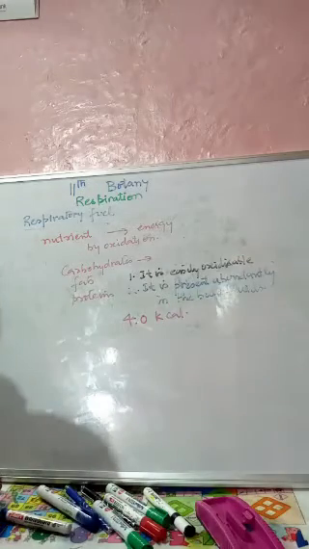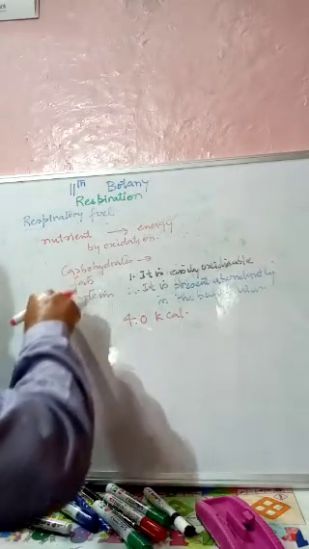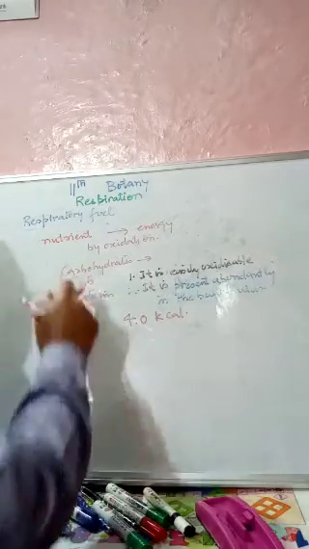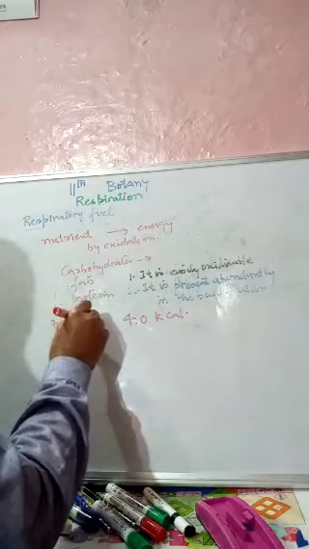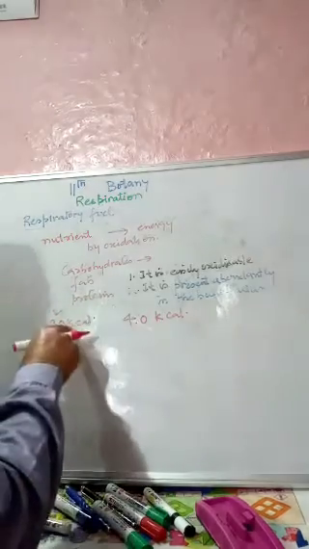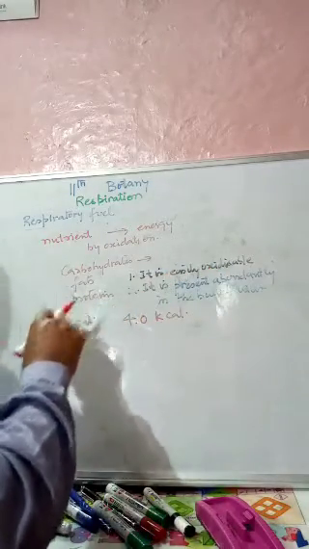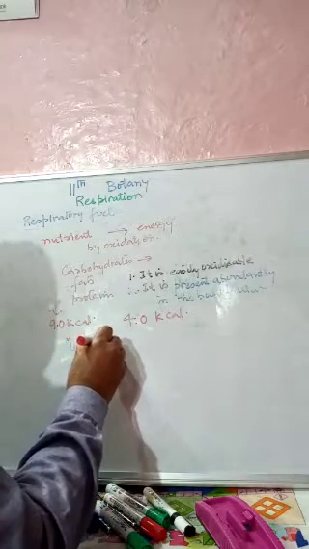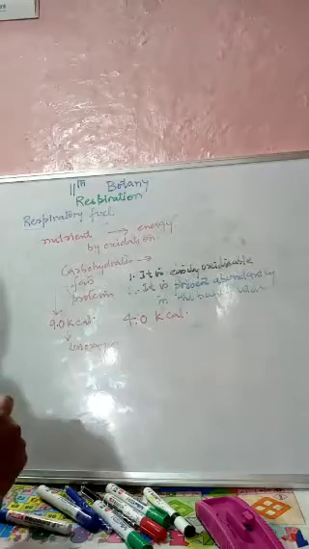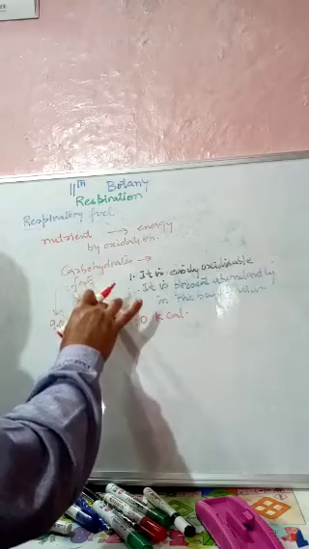If we talk about fats, they are concentrated fuels, and their fuel value is about 9.0 kilocalories. But these fats are not easily oxidizable, because they have got less oxygen.